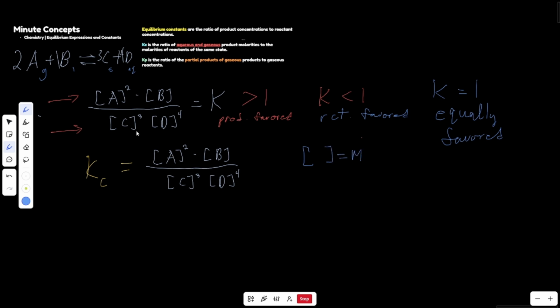So, given that we don't include liquids and solids, those 2 should not be included. Therefore, our new Kc expression, where we cross these 2 out, would actually just be A to the power of 2 and D to the power of 4, their concentrations to the power of 2 and 4 respectively.